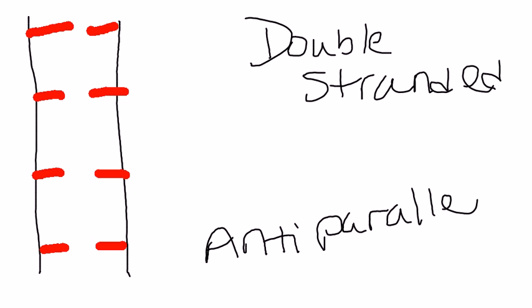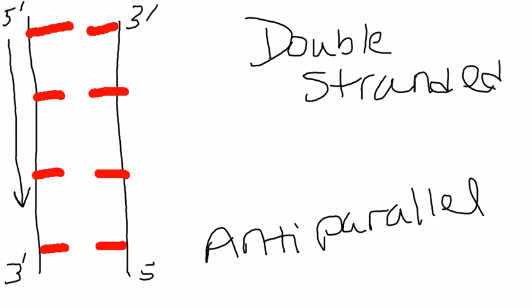So anti-parallel is one strand of the double-stranded DNA is 5' to 3', and the other strand is 3' to 5'. And DNA is always made by adding another nucleotide to the 3' end. So it runs 5' to 3'.